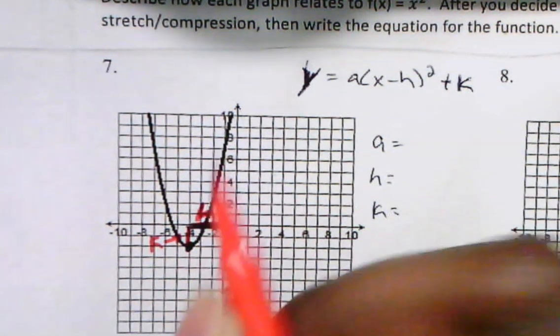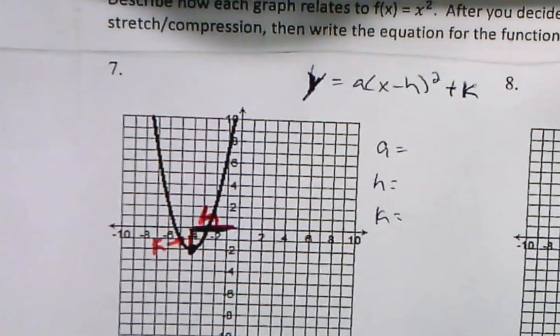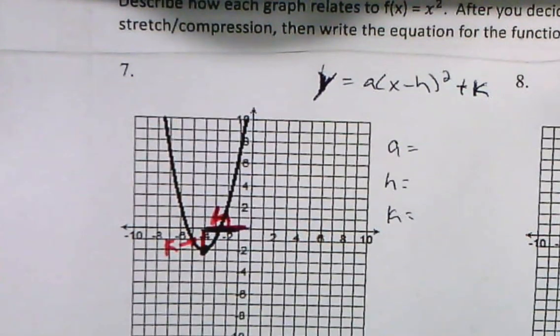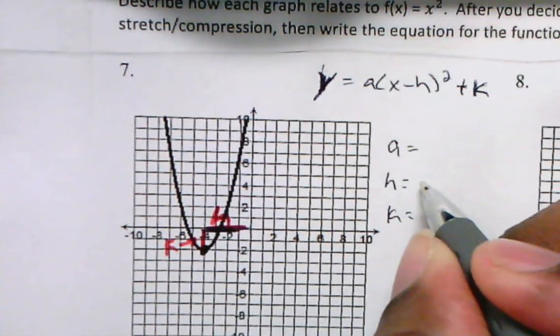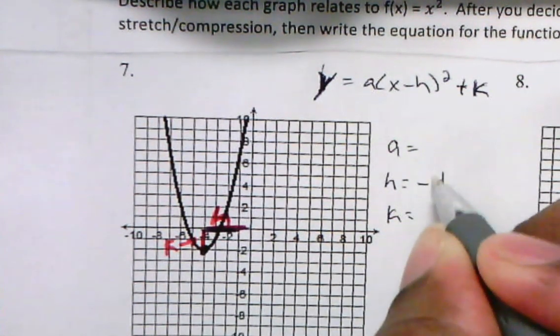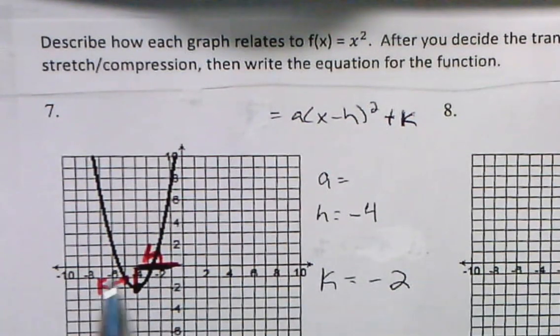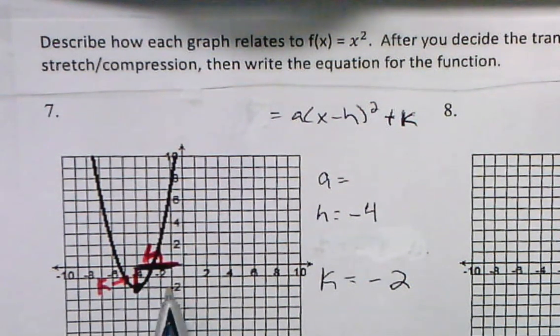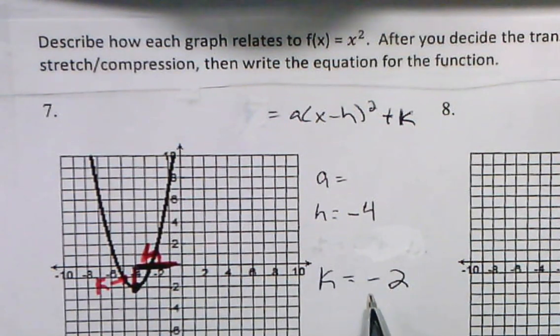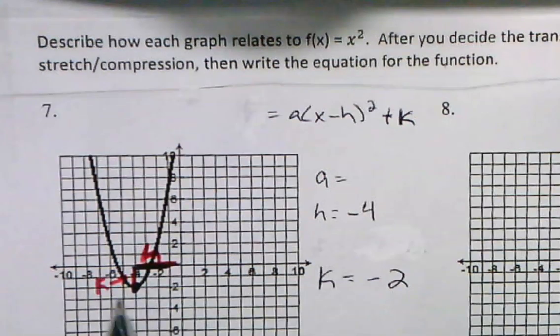As I look at that, I went over to the left 4 for this problem. So I know h is left 4, so negative 4. The k value, I went down 2 spaces, so I'm down at y equals negative 2. So k is negative 2. And the last thing is the a value.